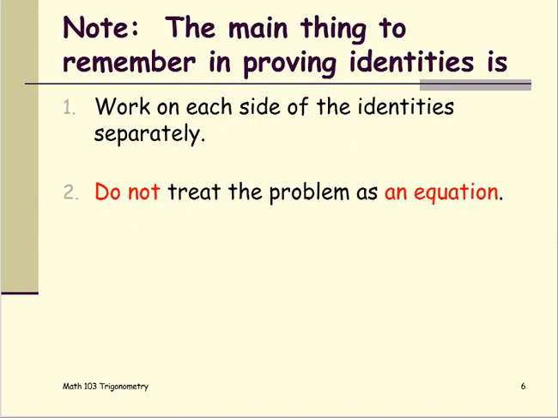Note that the main thing to remember in proving identities is to work on each side separately. Do not treat the problem as an equation. It's not an equation that you have to solve. You just have to show that the left-hand side equals the right-hand side.